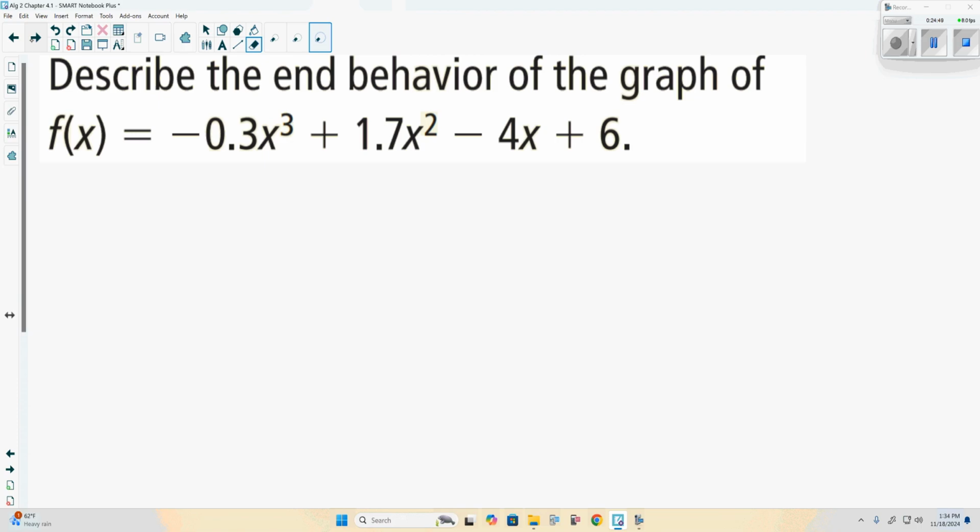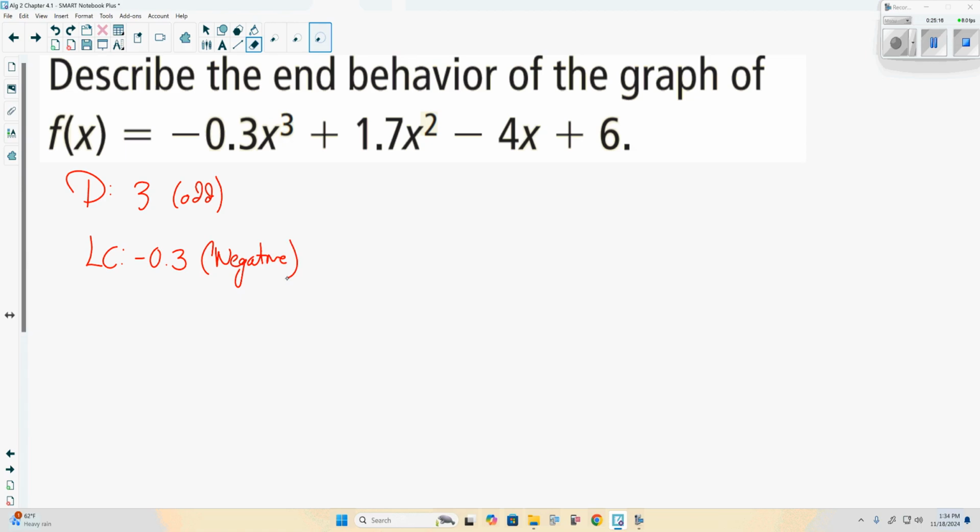So if we look at this one here, the degree is what? 3, which is odd. Leading coefficient is negative 0.3. And the main thing we're focusing on is the fact that it is negative. So we're looking at odd and negative.